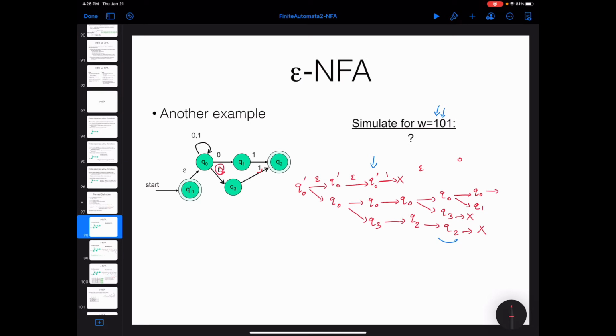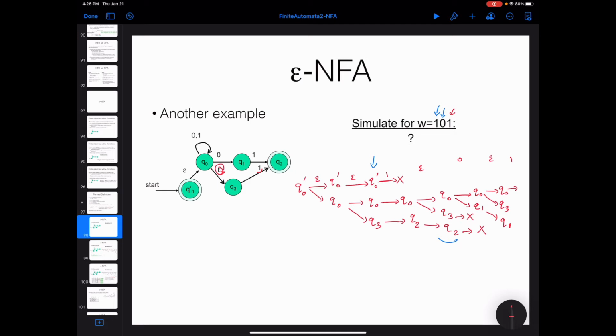So by applying the epsilon transition, you can either stay at Q0 or go to Q3, and Q1 is just like before, if you don't read anything from the input, so Q0 is still there. Now you can see that applying more epsilon transitions is not going to give you anything else. Then it is safe to read the next input symbol, which is going to be 1. So you will read 1.